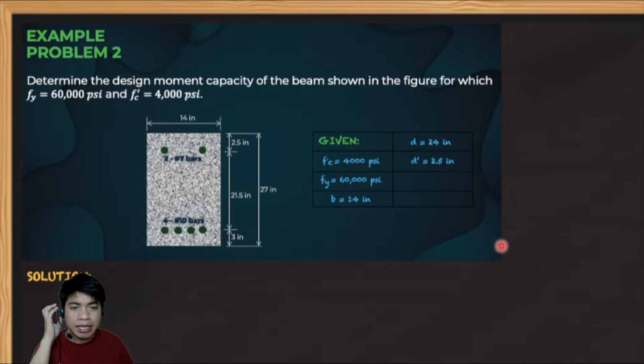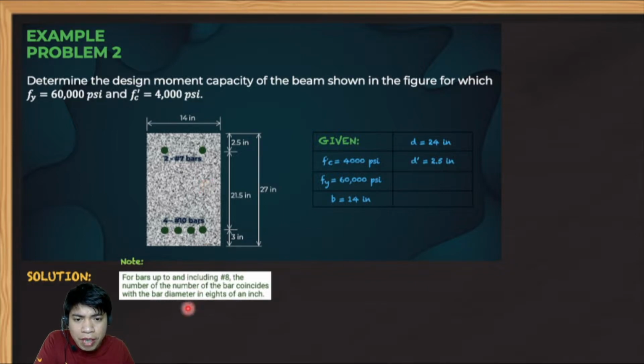Let's begin now with computing for the area of compression bars and the area of the tension bars. Take note that for bars up to and including number 8, the number of the bar coincides with the bar diameter in eighths of an inch. So since our bar is number 7, the diameter is 7 over 8.